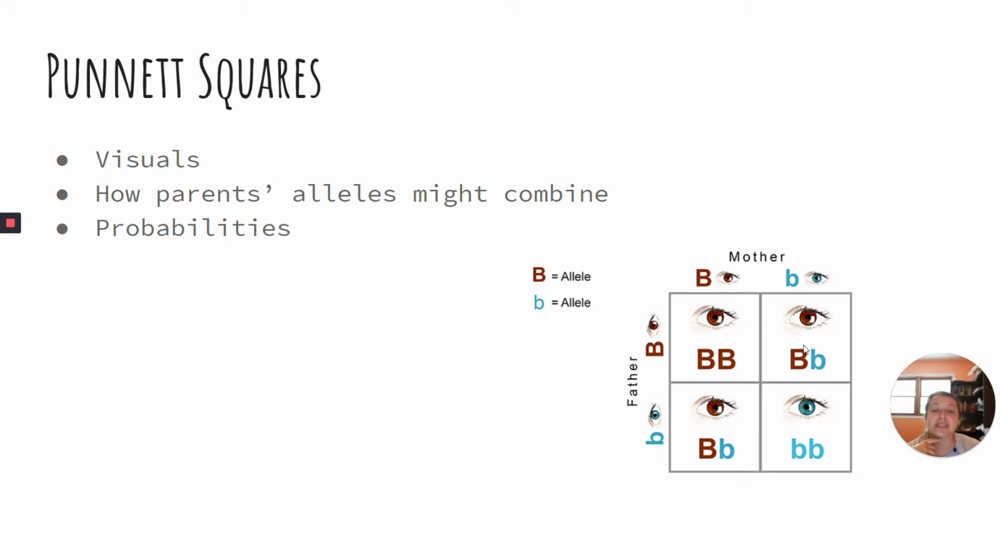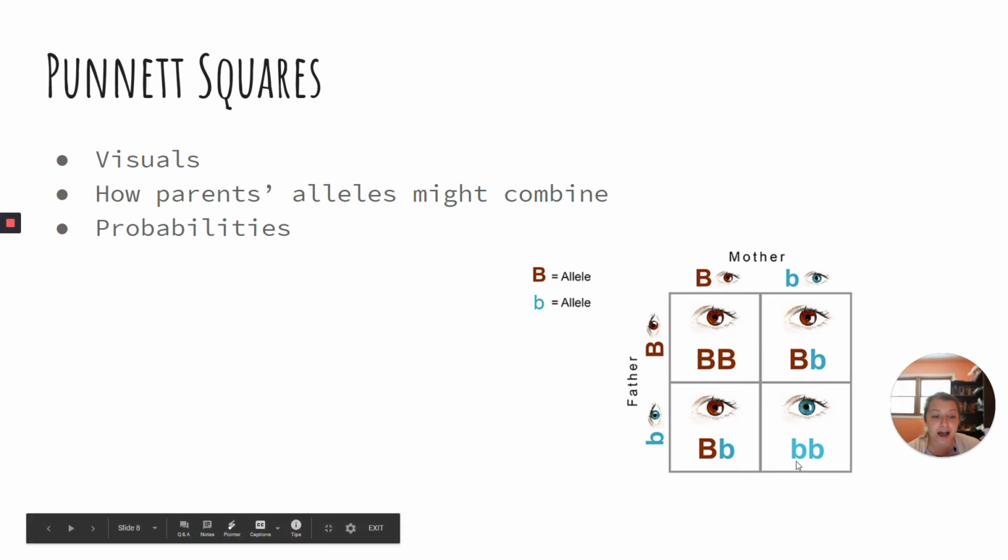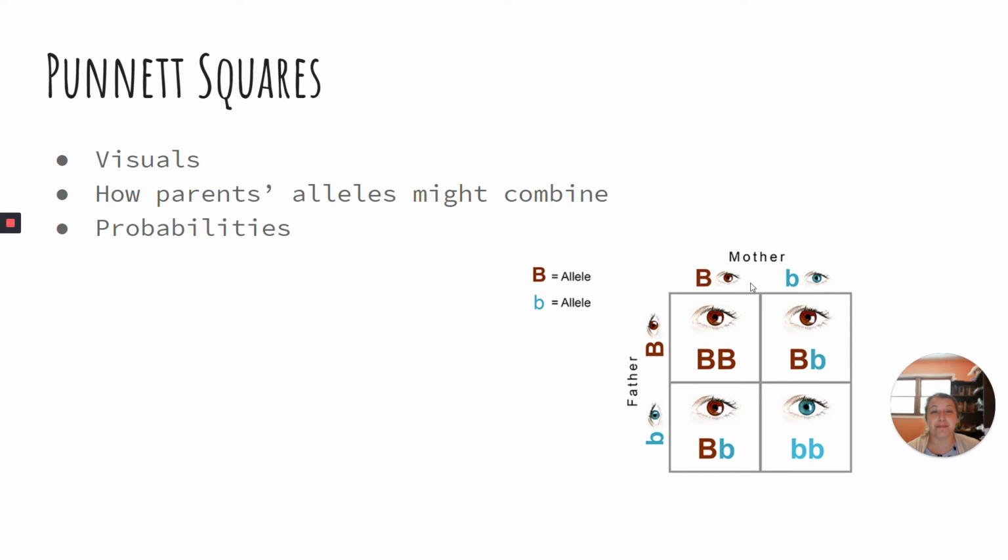You can say 75%, right? So if this mother were to have a child with this father, there would be a 75% chance the child would have brown eyes and a 25% chance that the child would have blue eyes. So even though mom and dad both have brown eyes, there's still a 25% chance that there's going to be a blue-eyed child.